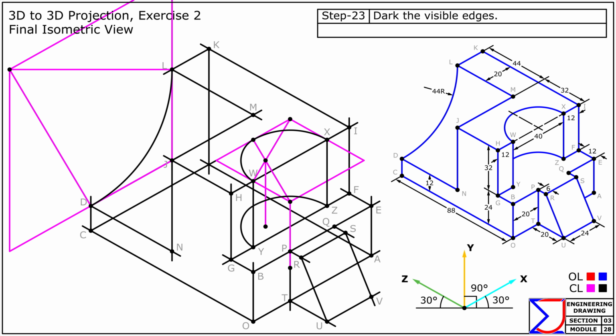Alright, with all the construction lines completed, the solid block has taken shape. Carefully darken only the visible edges to finalize the isometric view.